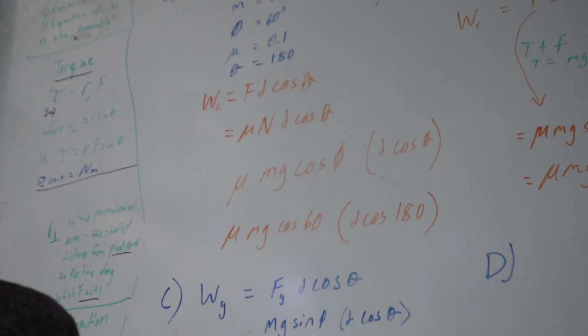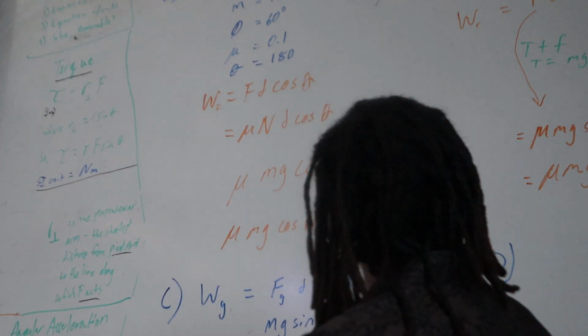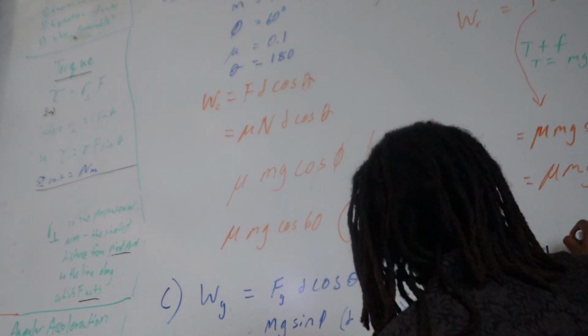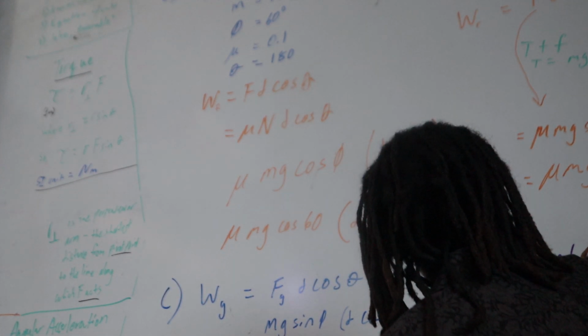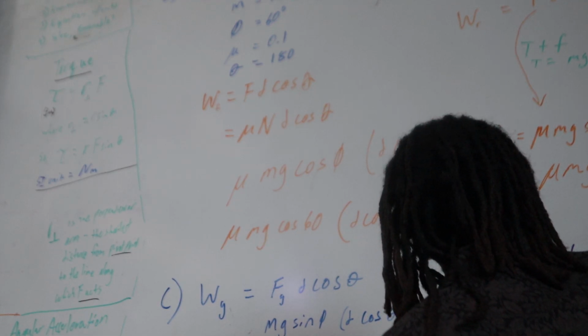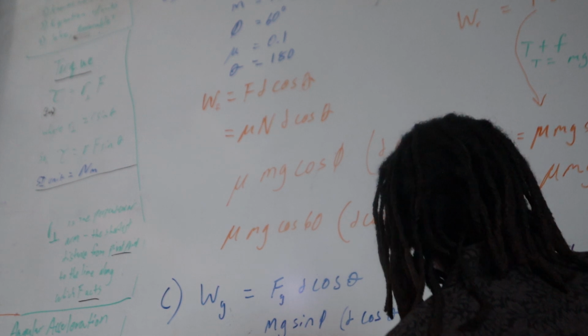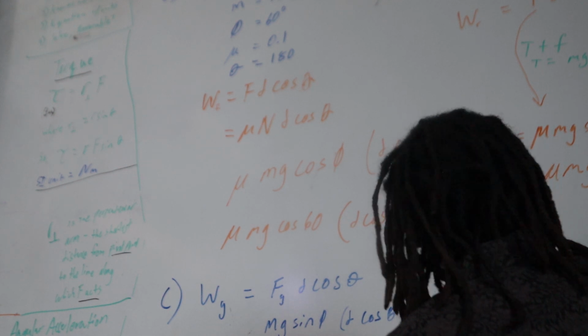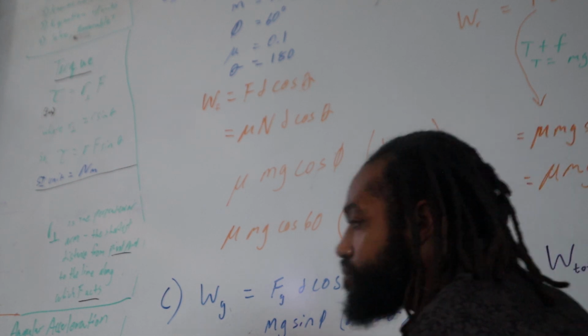What's the total work done? You just add them all up. Work of friction plus the work of rope plus the work of gravitation.